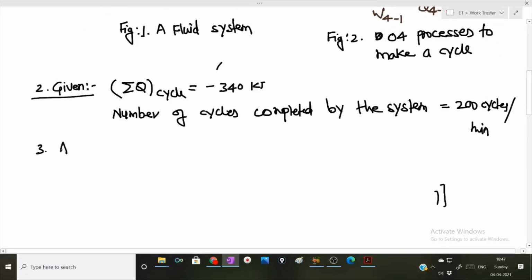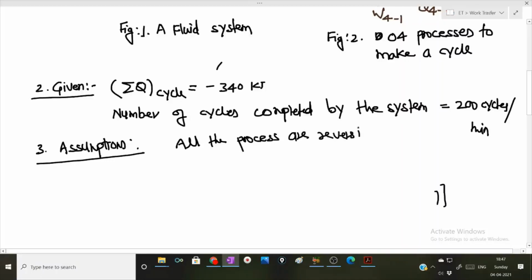Then number 3 is assumptions. So here I will assume all the processes are reversible. Point number 4 is find.